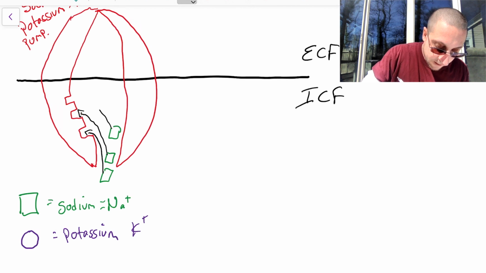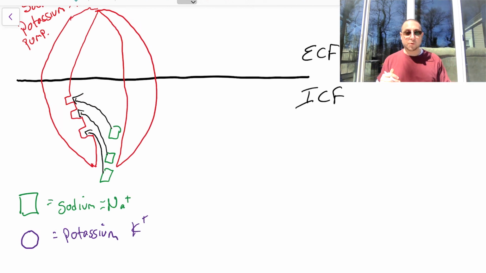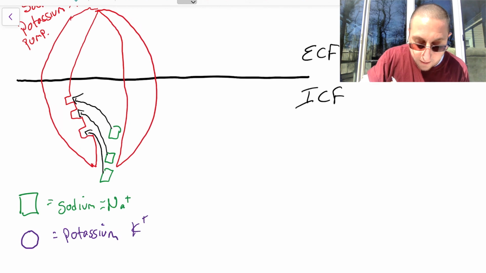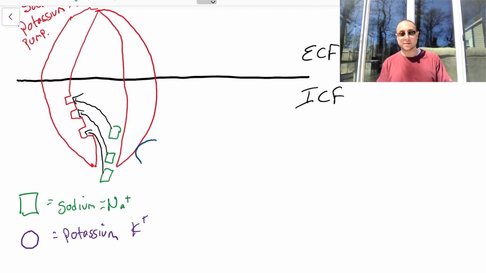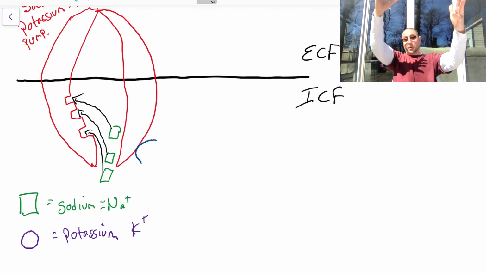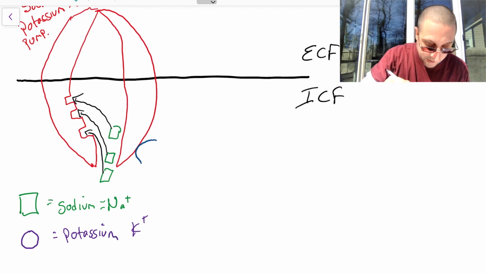There we go. So you're going to have 3 sodiums go into the sodium potassium pump. And these 3 sodiums are going to cause a ATP receptor to open up, and what's going to go in there? ATP!